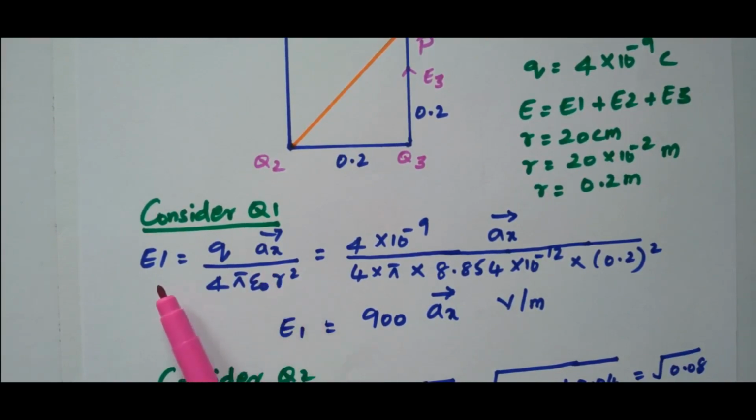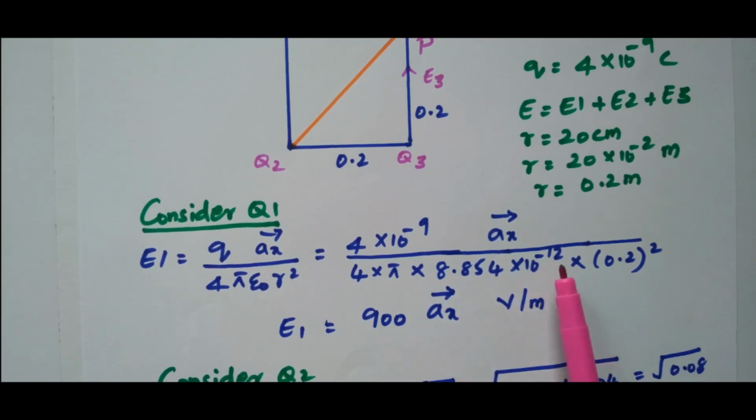Because Q1 is located in the same line, there is no other component, only E1. So E1 equals Q divided by 4 pi epsilon r square. Q is 4 into 10 to the power minus 9, divided by 4 into pi into epsilon naught, which is 8.854 into 10 to the power minus 12.